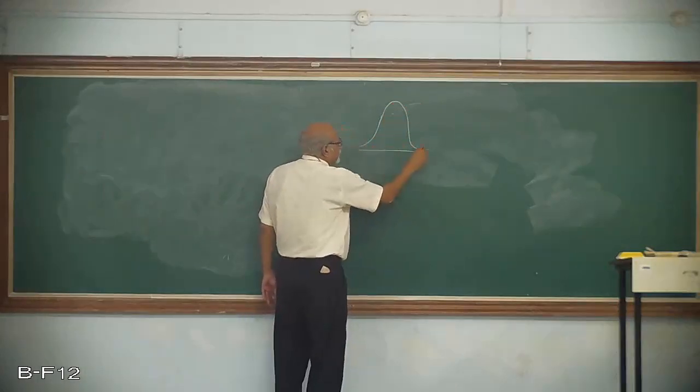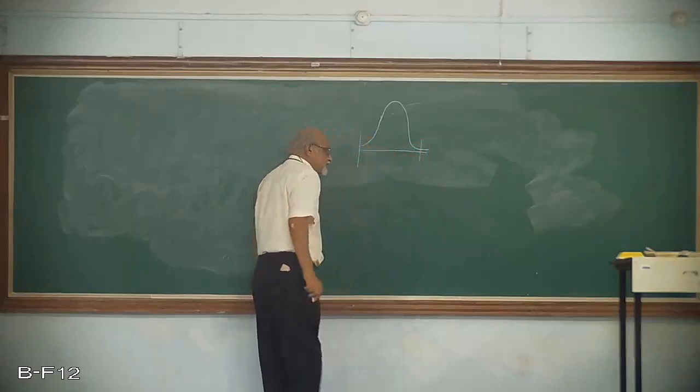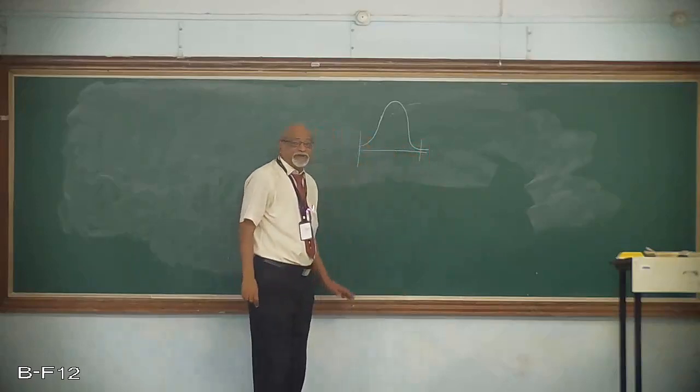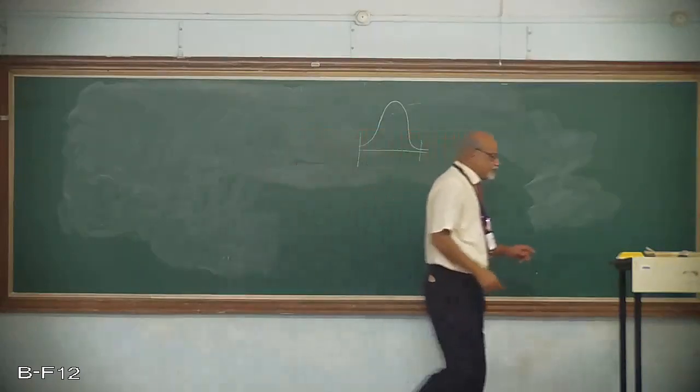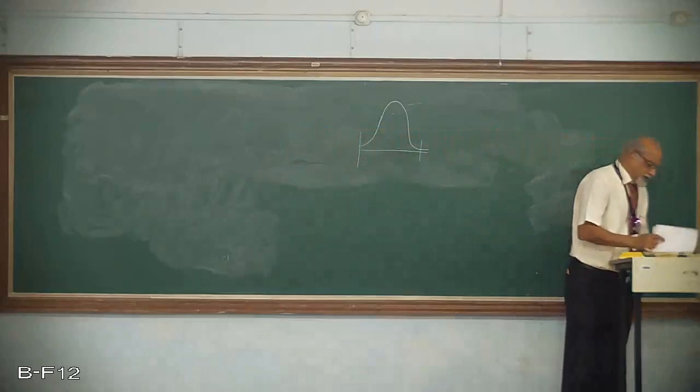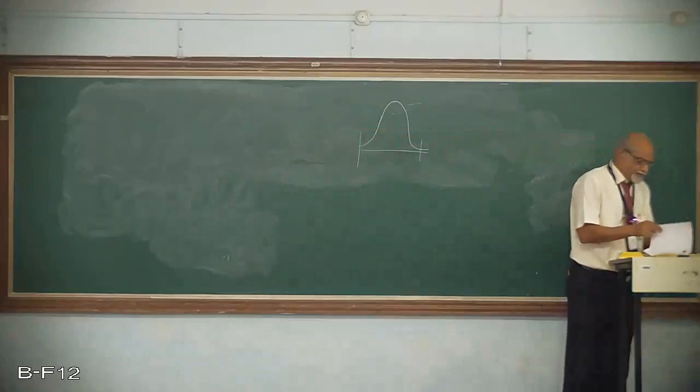In between these two, the upper probability control limit and the lower probability control limit, if I refer to the table, for example, I will show you on the normal table itself.